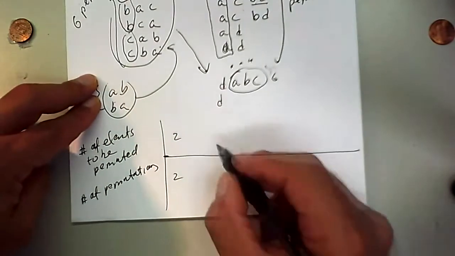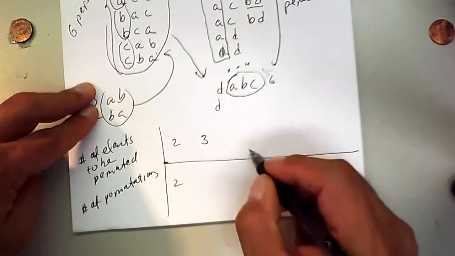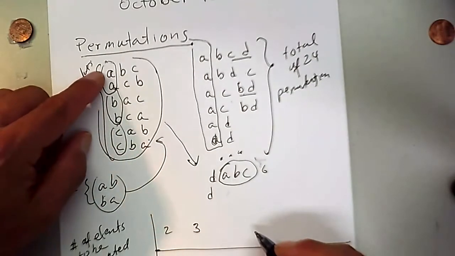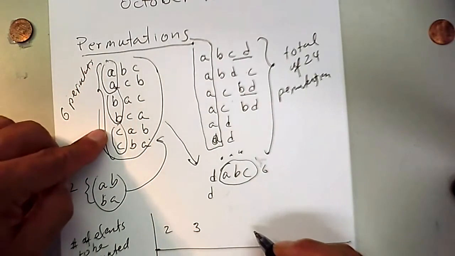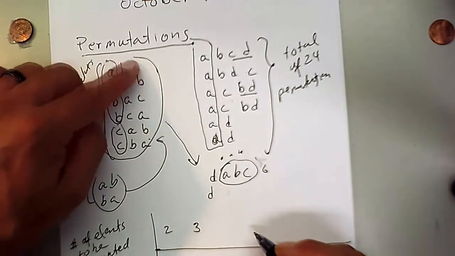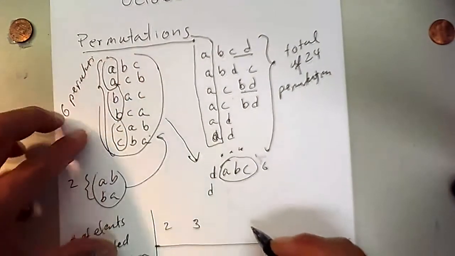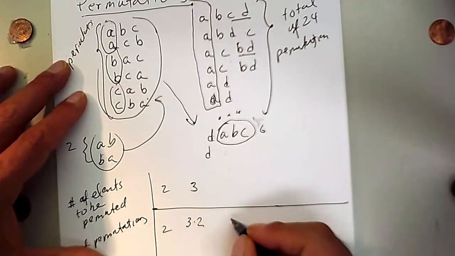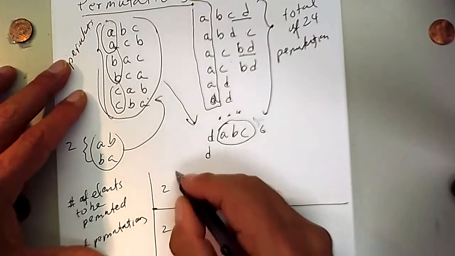That's easy. If there are 3 elements, well, the first element in the rearrangement can be one of those 3. And then we have 2 ways to rearrange the last 2. So that is 3 times 2, which is 6.